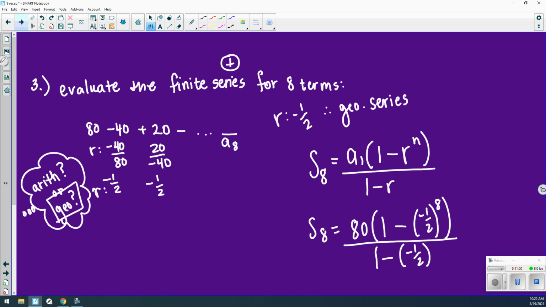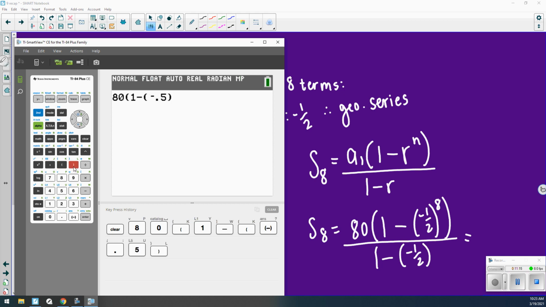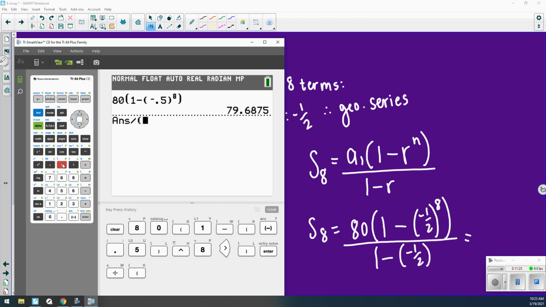All right, this is a calculator punch. I've got my calculator up. I'm going to type in 80 times the quantity 1 minus, I'm going to put -1/2 in parentheses, -0.5, raise that to the 8th, and then close that set of parentheses. I'm going to hit enter. And then I'll divide that by the quantity 1 minus -0.5.